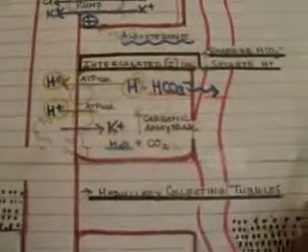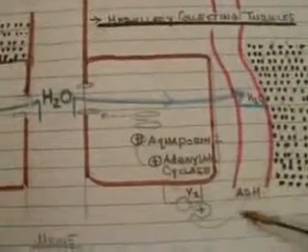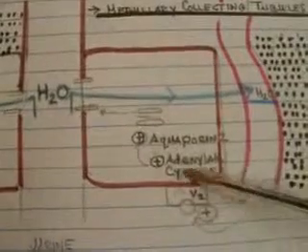Now, if we look at the medullary collecting tubules, we can see that the medullary collecting tubules are involved with water regulation, and that occurs under the influence of the antidiuretic hormone, which binds and activates the V2 receptors.